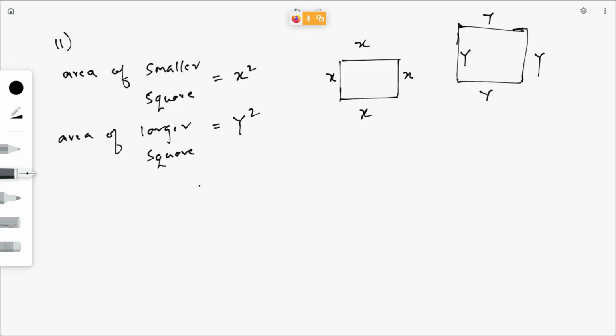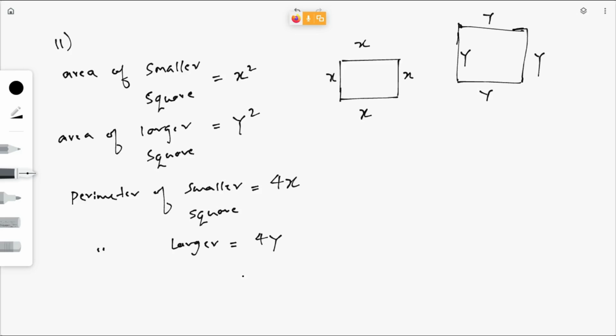If the difference of their perimeters is 24, the perimeter of the smaller square is 4x. Next, the perimeter of the larger square is 4y. Any doubts, any confusion till here?